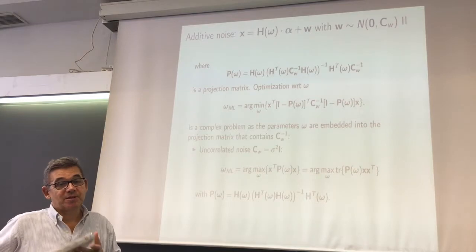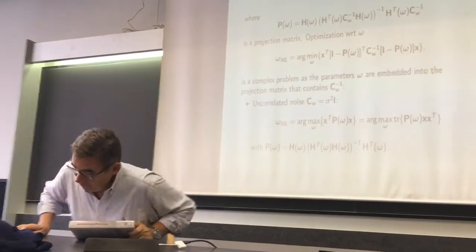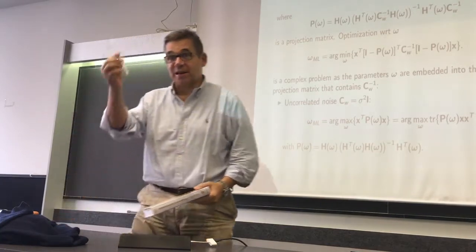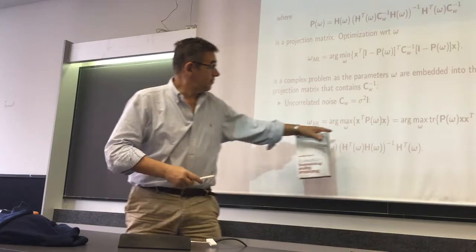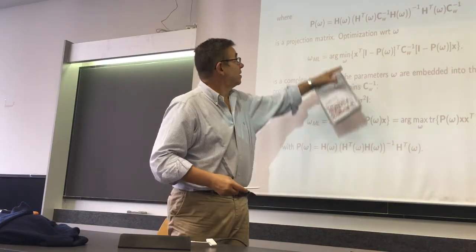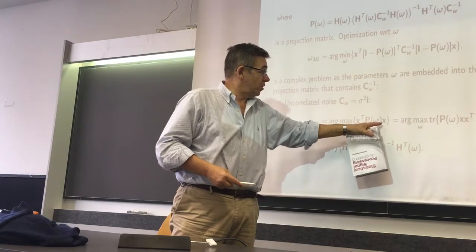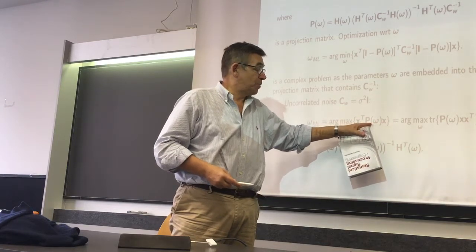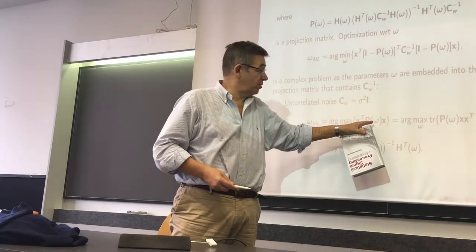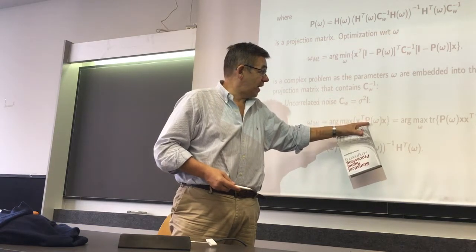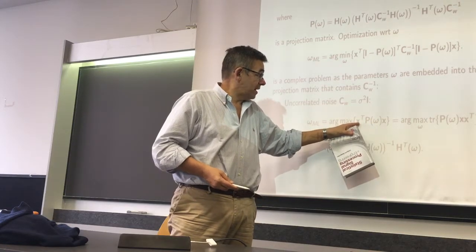Let's represent it in 2 dimensions. I have my vector of data. This is my data. This is X. So what I want to do is take my X, project it onto the span of the columns of H, and X transpose.